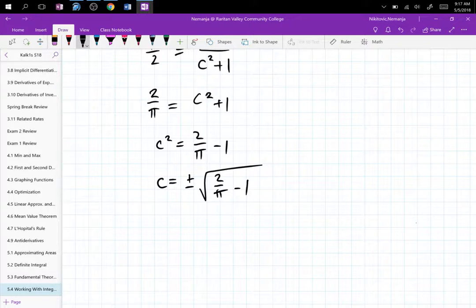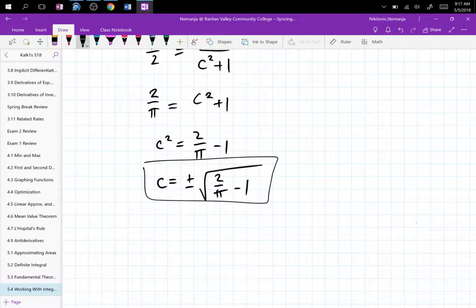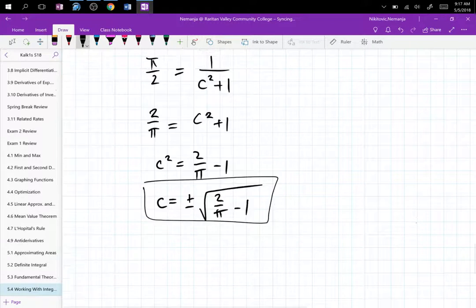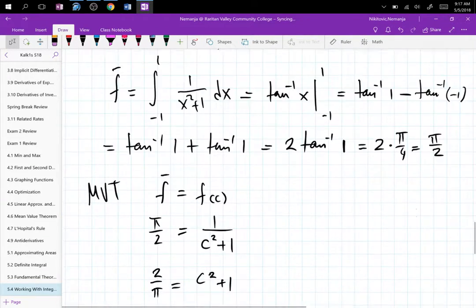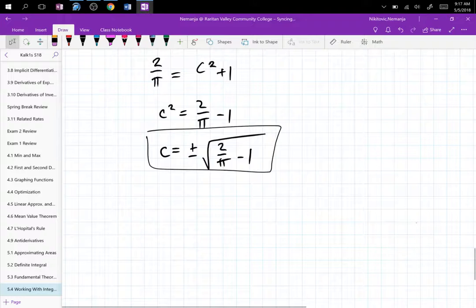And this is what we have. At these two values, you have the average to be equal to the area.